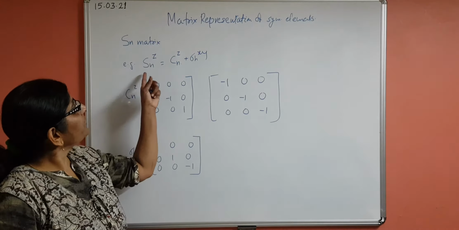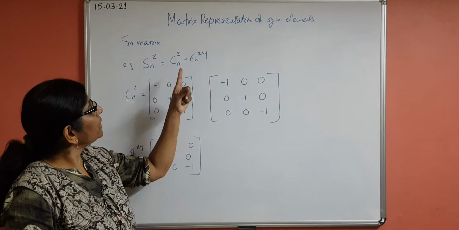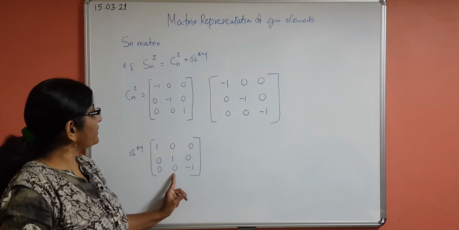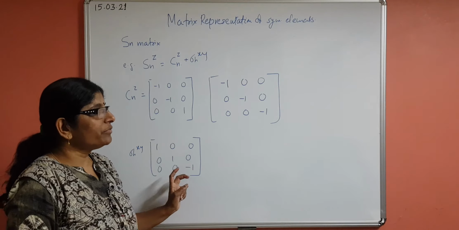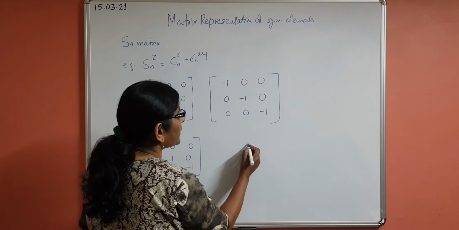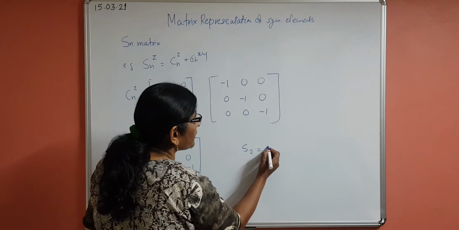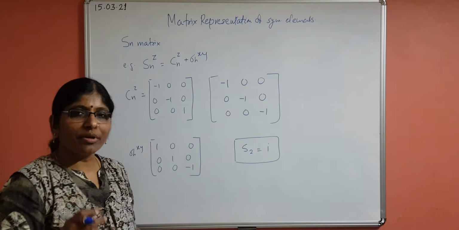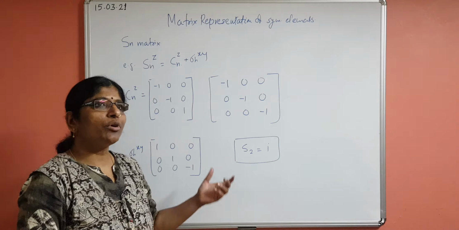Now when we do the Sn operation, for example, I have done the C2Z operation with the product of sigma h xy, and we have proved that S2 is equal to I, the center of inversion. We solved this by the group multiplication table and by molecular geometry.